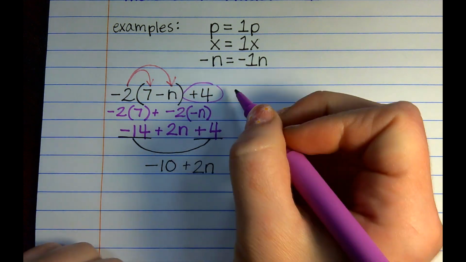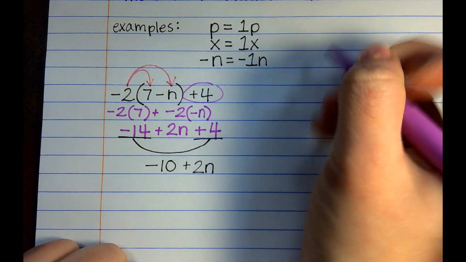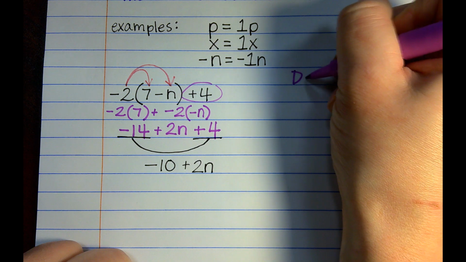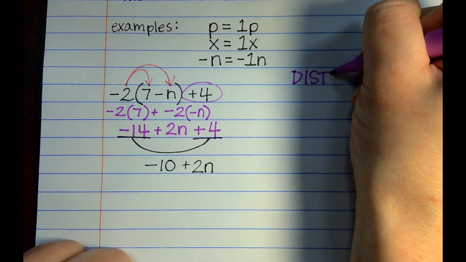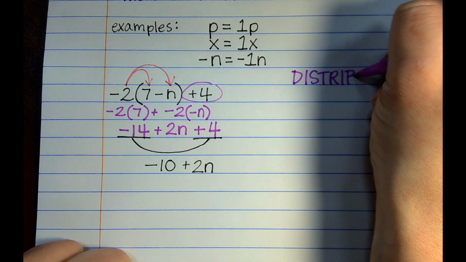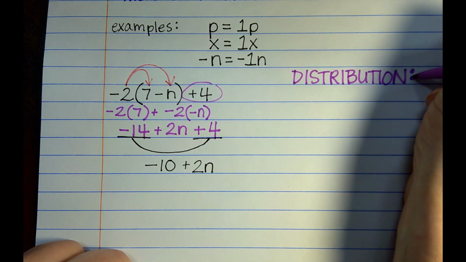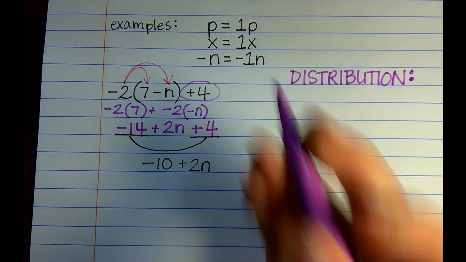So a quick note, whenever you see a number, I'm going to write right here, distribution. Just to make a note to remind us what we do when we see parentheses.